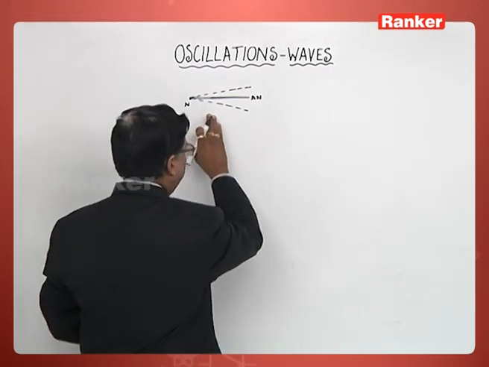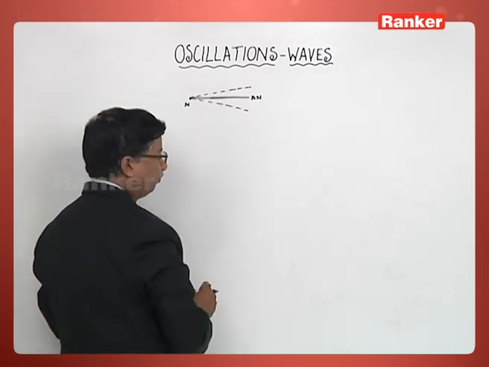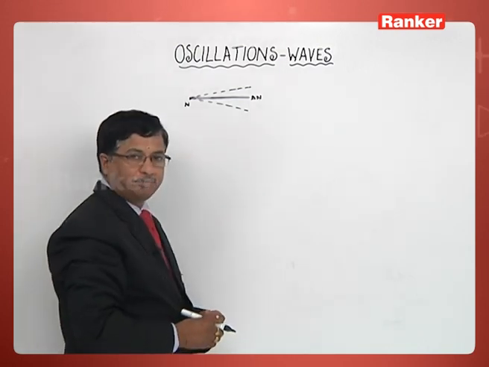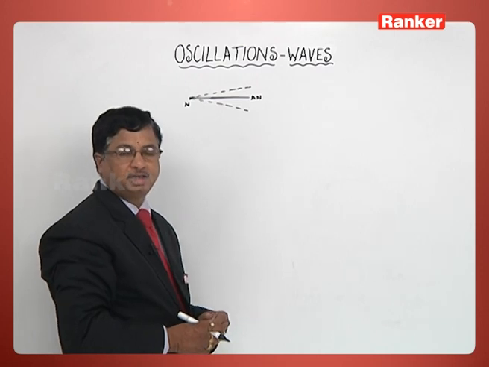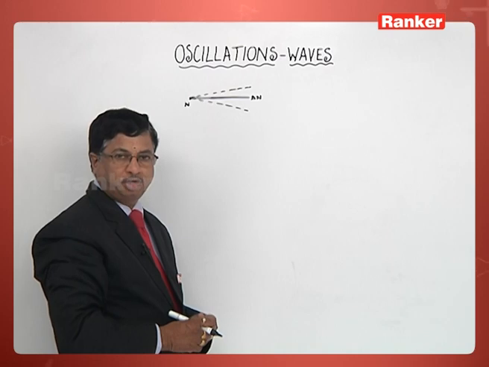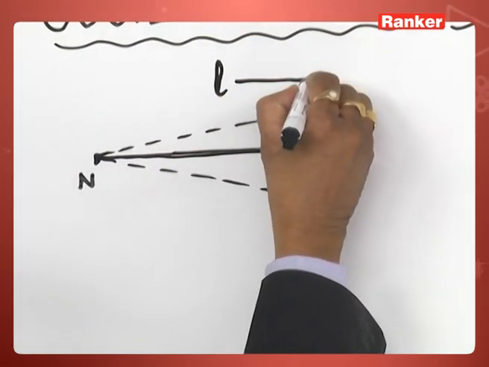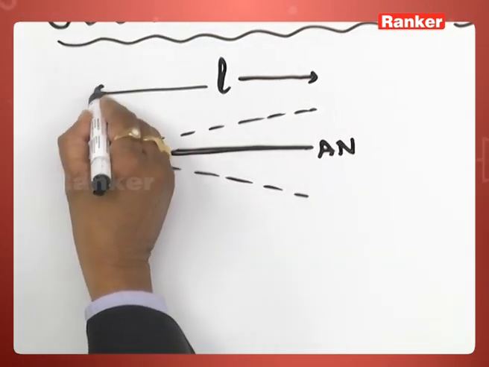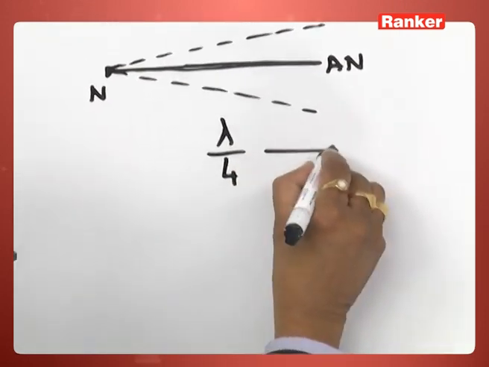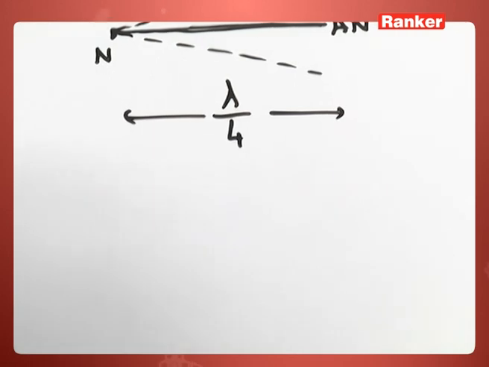And we in fact know the distance between two alternate nodes or alternate antinodes. That is what we call the wavelength lambda in the case of a standing wave or a stationary wave for that matter. Therefore, if I consider the geometric length of this rod as L, then that value is going to be lambda by 4 according to the concept of a stationary wave.